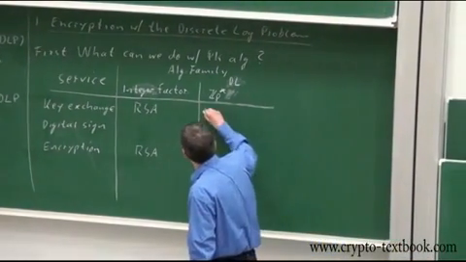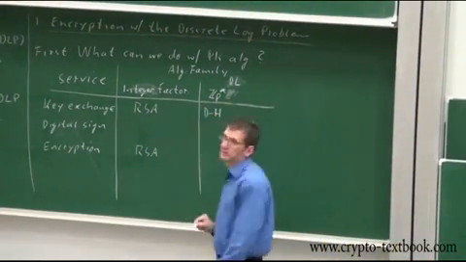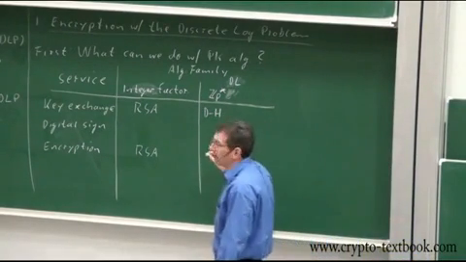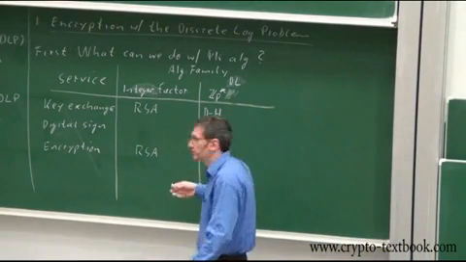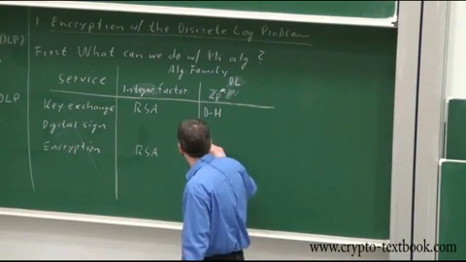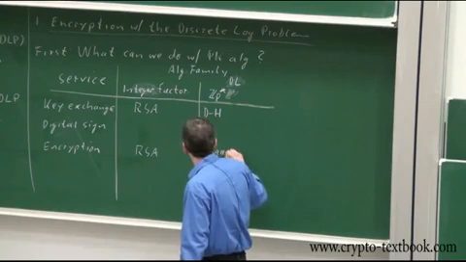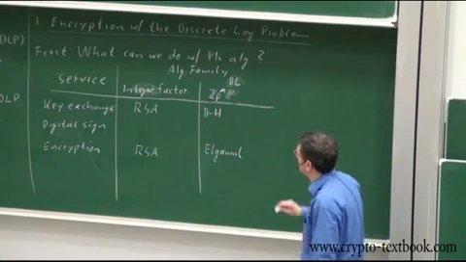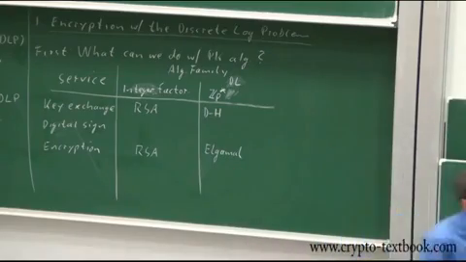For key exchange, we use Diffie-Hellman. For encryption, this is what we're going to do in the next 80 minutes. This is Elgamal. This is what we're going to do today.